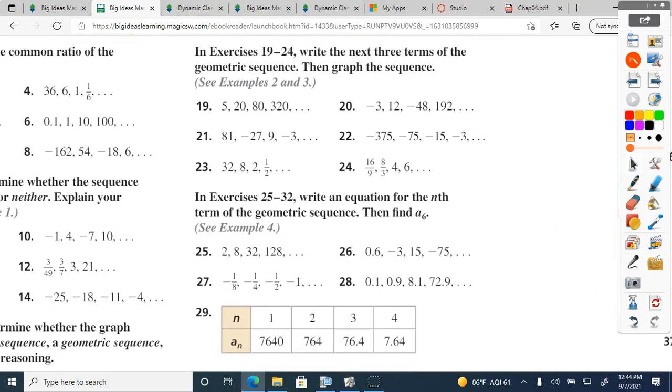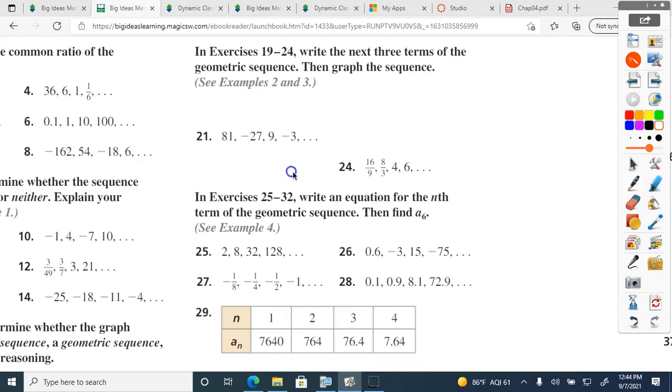21 says write the next 3 geometric sequences, then graph the sequence. So we're not going to do the graphing part. We're just going to write the next 3. So what would be my next 3 on 21 there? 1/3. What kind of 1/3? It would be negative 1/3 or positive 1/3. It's positive 1/3. Hey, don't be yelling at Coach.